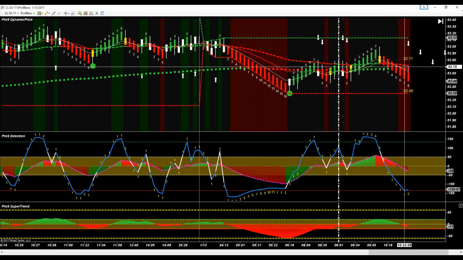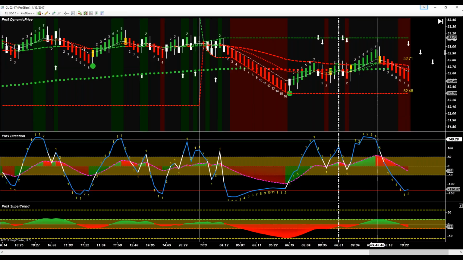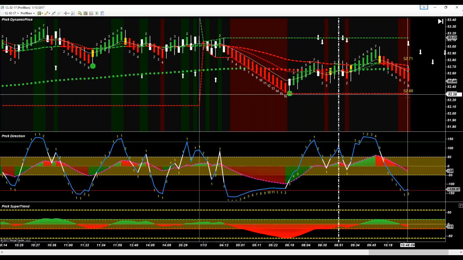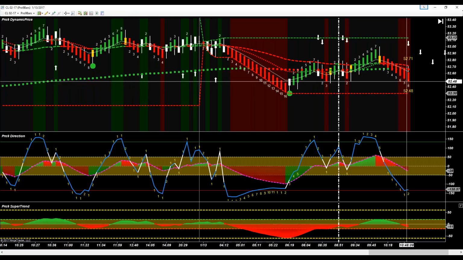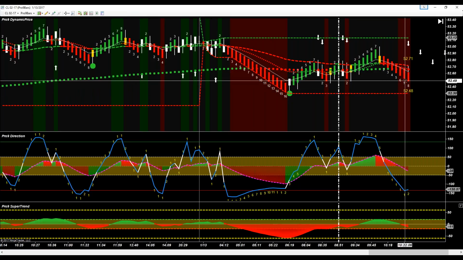It may feel a little more risky, but it is fully qualified. We do have some strong signs that we're not in a choppy market any longer. And we have plenty of space before we hit the low of the day. So I'm pretty confident we can at least hit 6 ticks from our entry price.